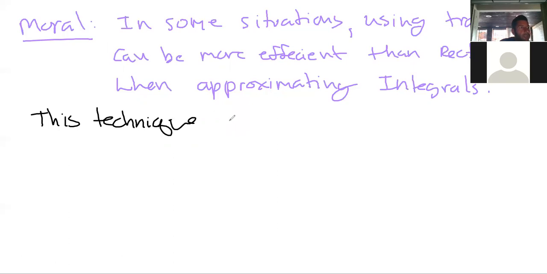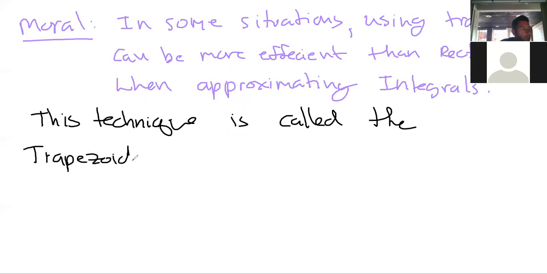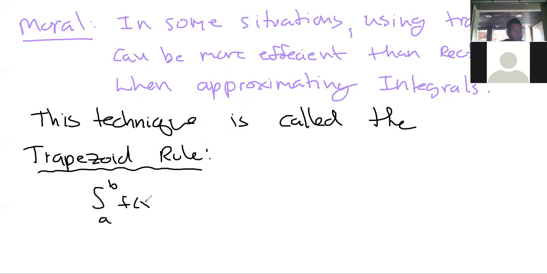So this technique is called the trapezoid rule. So what does the trapezoid rule say? It says that this integral that we know and love, integral from a to b of f of x dx, we can approximate it in the following manner.